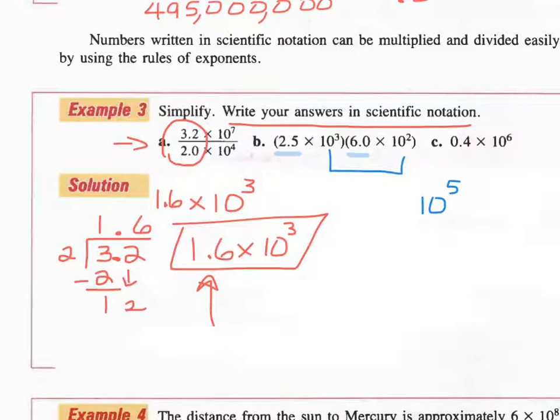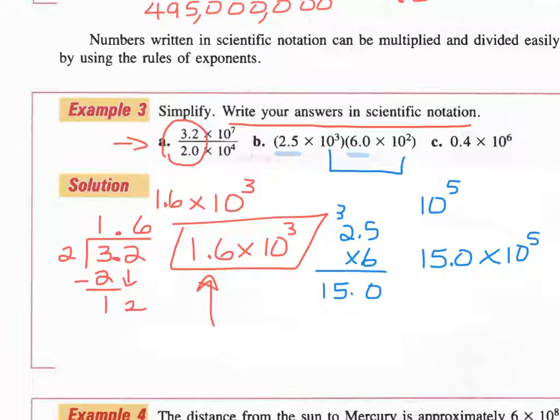And then I actually have to multiply 2.5 times 6. So here I'll multiply 6 times 5. And then 6 times 2. It has one decimal place. So now I have 15.0 times 10 to the 5th.